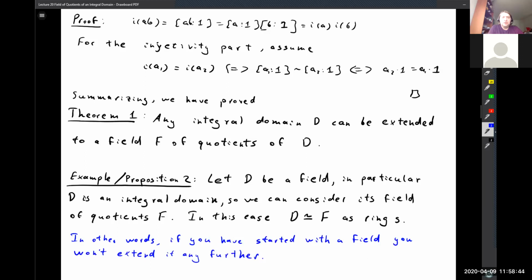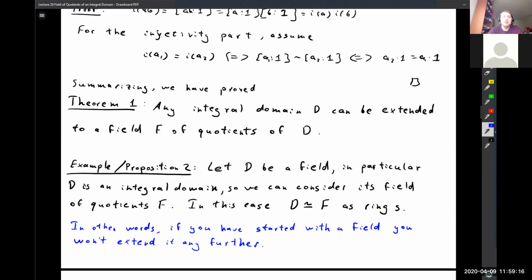Okay, so that essentially concludes the first half of our lecture, which deals with the existence of the field of quotients of an integral domain. Do you have any questions about the material up to this moment? Now it turns out that this extension of an integral domain to the field of quotients is actually unique.